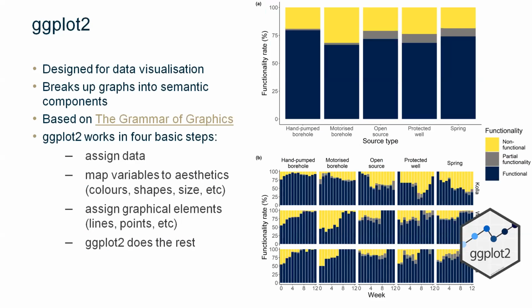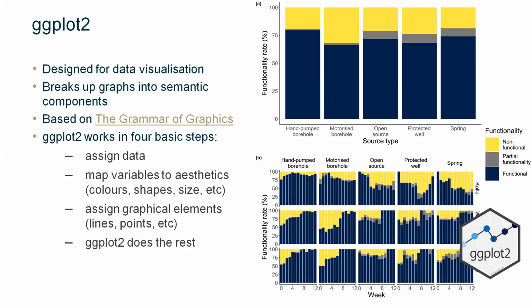So before we do that, I just want to introduce ggplot2 to you. ggplot2 is designed specifically for high impact data visualizations. It breaks up graphs into its semantic components, and it's based on this concept called the grammar of graphics. But basically it works by layering the different components of a plot.